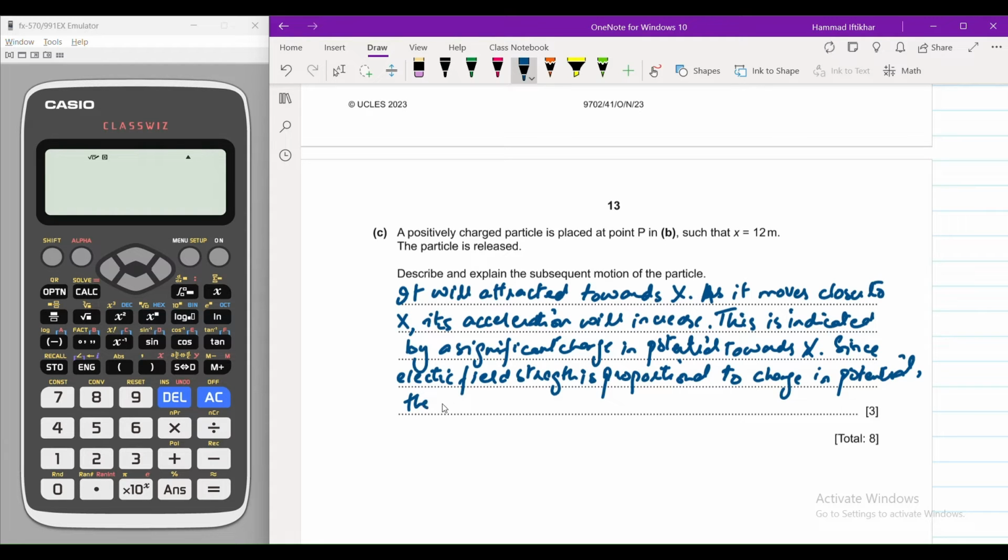The attractive force on the charge increases as it moves closer towards x.